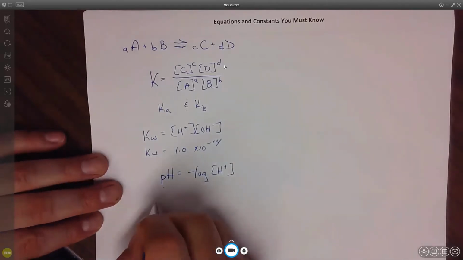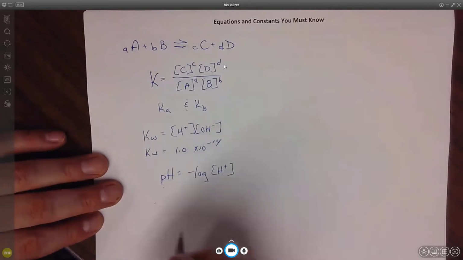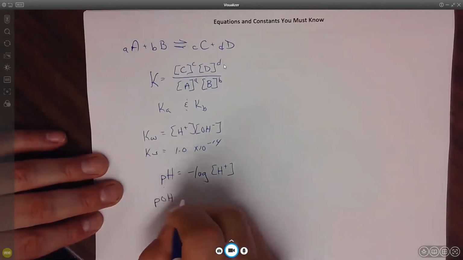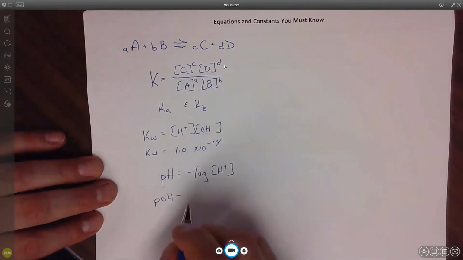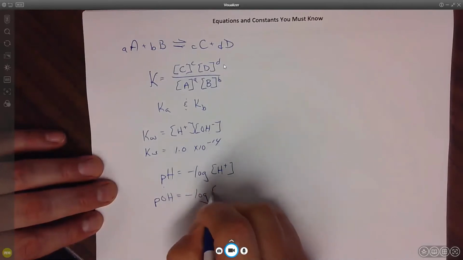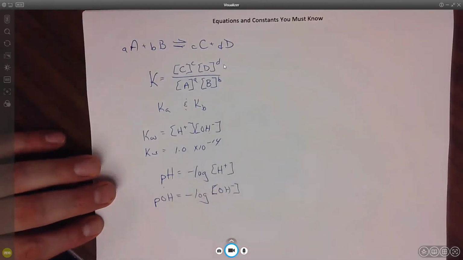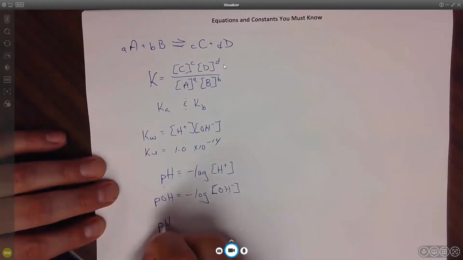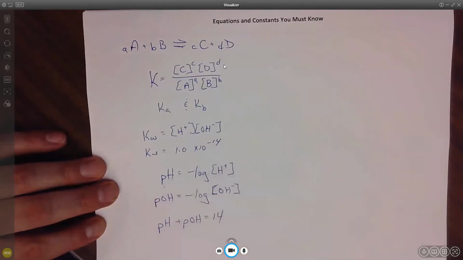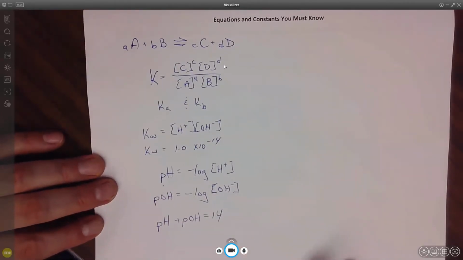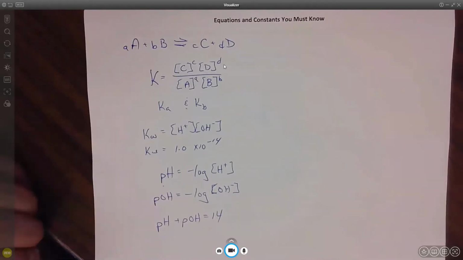We're also going to talk about the hydroxide ion concentration in terms of pOH, which of course is just the negative log of the hydroxide ion concentration, okay? And then we're going to talk about the relationship between pH and pOH at 25 degrees Celsius. And we're going to be able to say that the pH plus the pOH is simply equal to 14. And again, that'll be at 25 degrees Celsius.